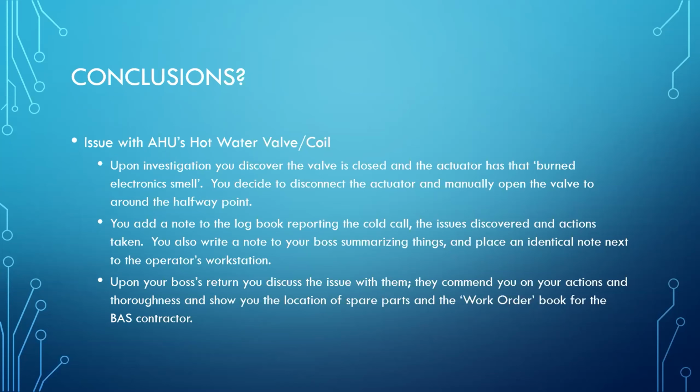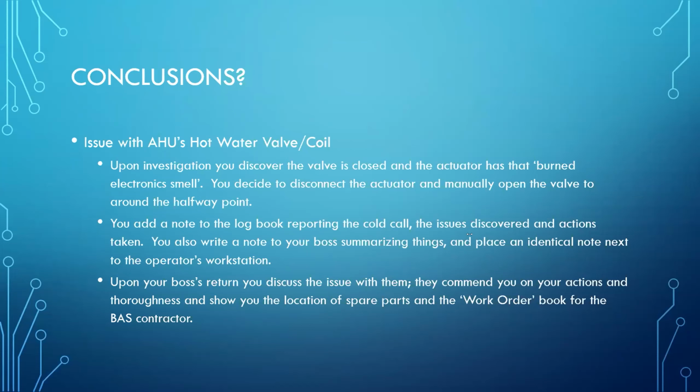So in temporary, you've disconnected the actuator and partially opened the valve so that we can get some heat into the system without hopefully overheating everything. You add a note in the logbook because you have to document these kind of changes, especially when you override things.